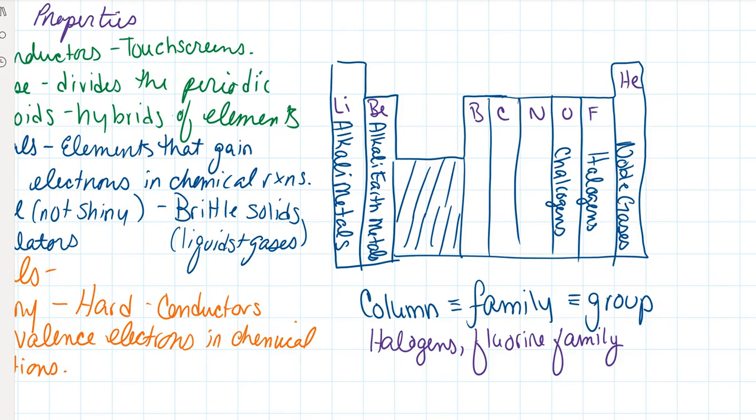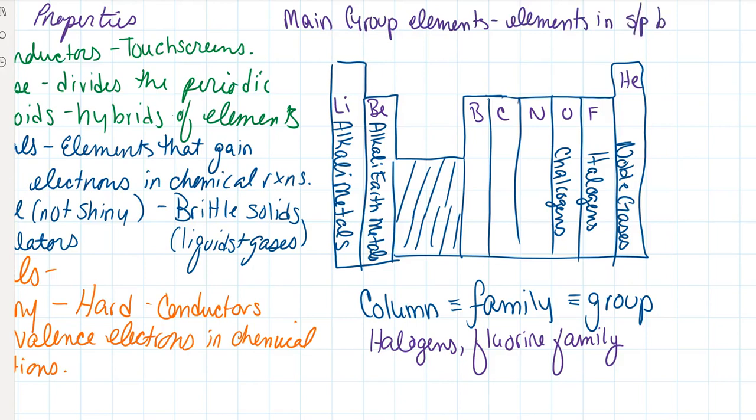So you may hear certain groups named according to what their position is in the periodic table. So a few other important pieces are going to be additional characteristics that we see in common with these main group elements. So these main group elements are, again, the S and P blocks. And we'll see that these all have the same characteristics in common.